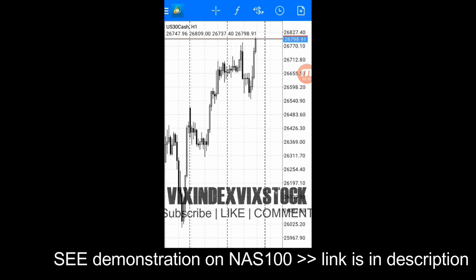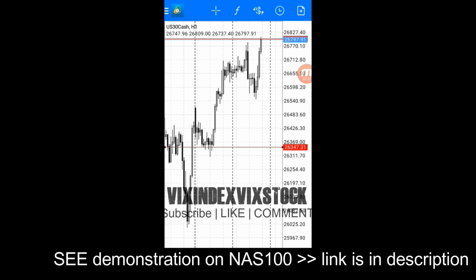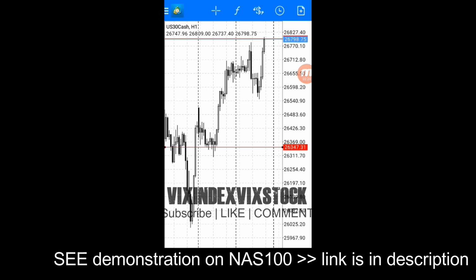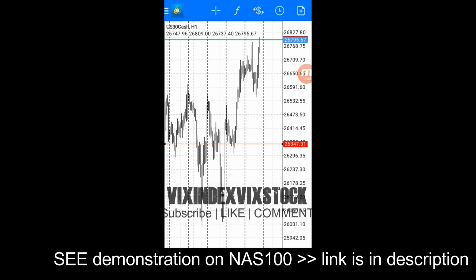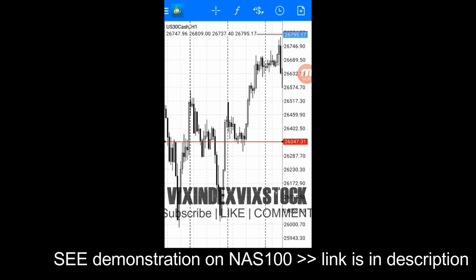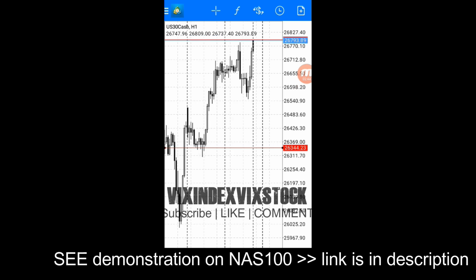I usually prefer horizontal support and resistance. I know some people love trend lines and some people love channels and stuff, but with this strategy we are basically using horizontal support and resistance.